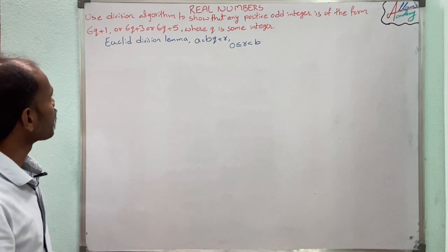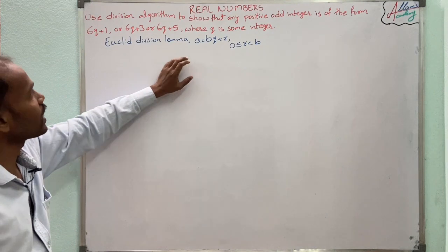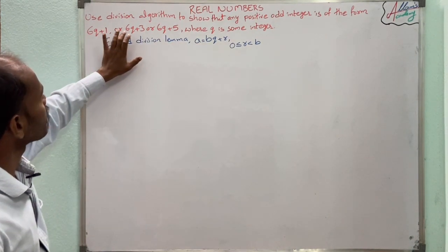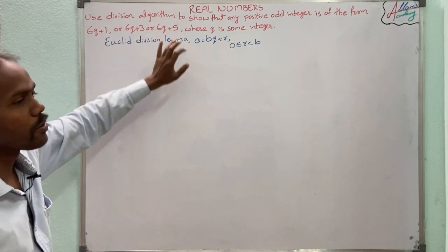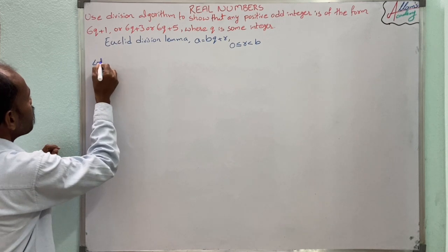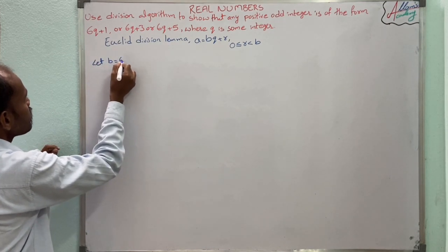Now here the given A value is like 6q plus 1, 6q plus 3, 6q plus 5. That means we take the B value as 6.